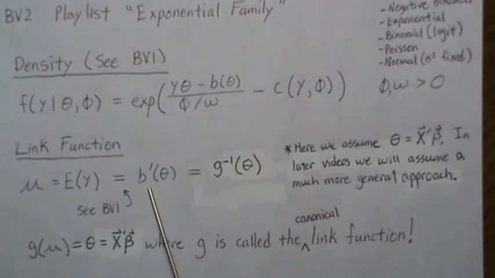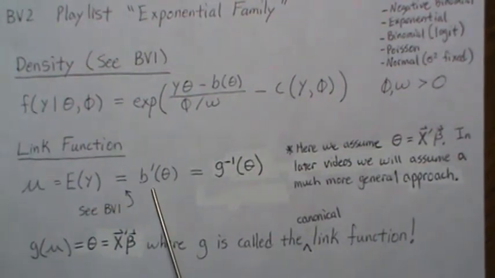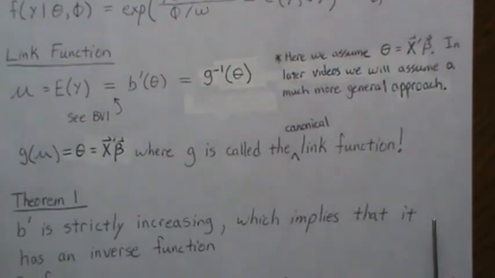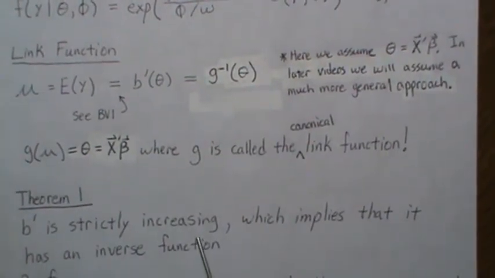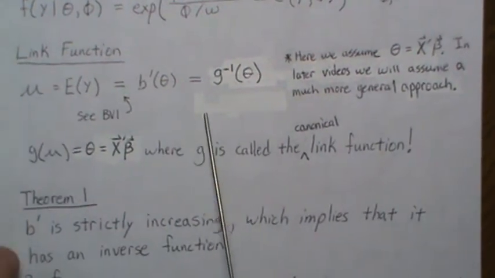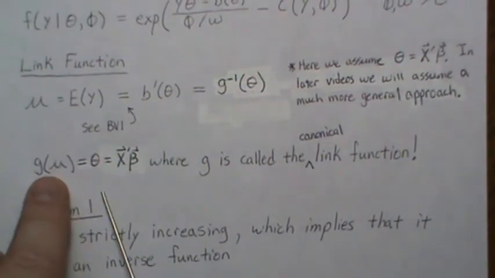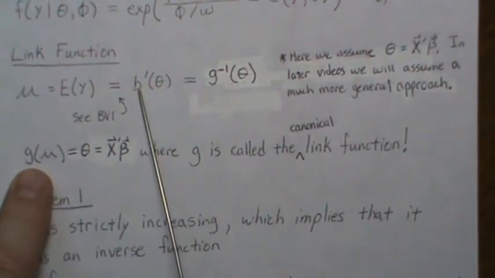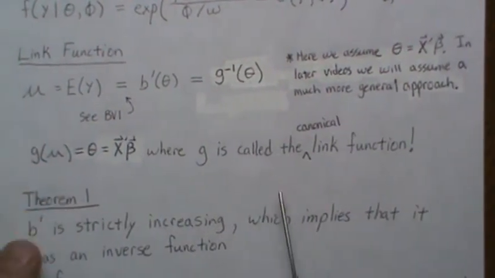It's a strictly increasing function, which means we can take an inverse of it. So theorem 1, B prime is strictly increasing, which implies that it has an inverse function, which means that we can do this. The canonical link is the inverse of B prime.